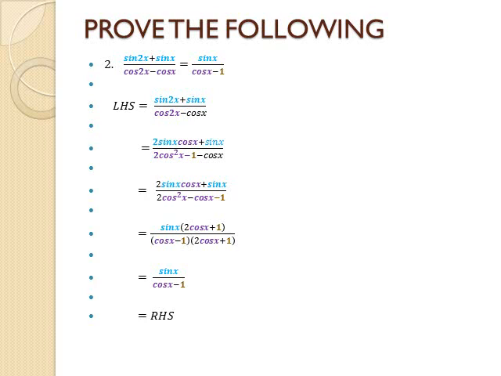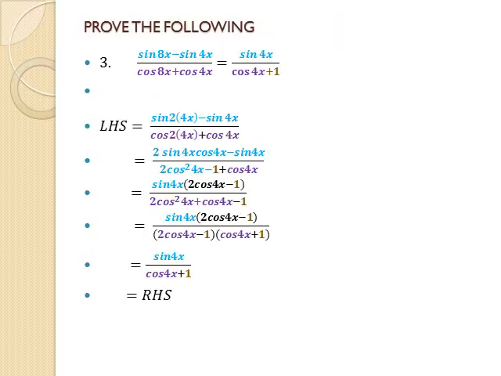Let's look at the next problem. In problem number 3, I have (sin 8x minus sin 4x) divided by (cos 8x plus cos 4x) equals sin 4x divided by (cos 4x plus 1). I'm going to make those double angles.